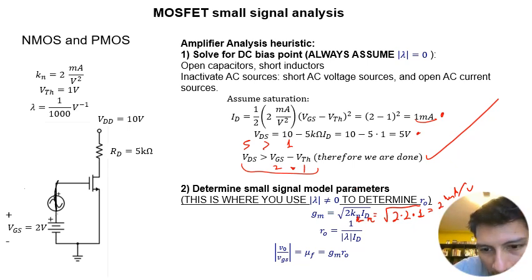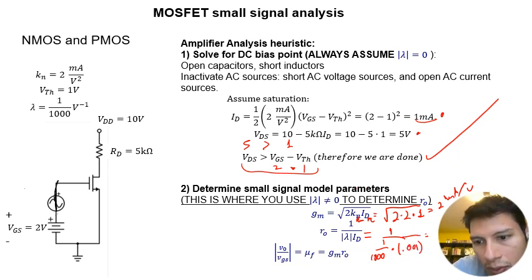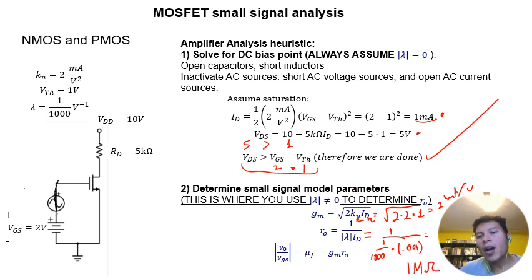Now to figure out RO, we have basically 1 over (1 over 1,000 times 1 milliamp), which is 0.001, and that turns out to be 1 mega ohm. So 1 over 1,000 is just 1,000, and divide that by 0.001, well, that's just 1 million. So we get 1 mega ohm.